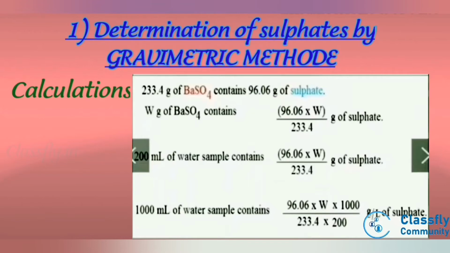So 233.4 gram of barium sulfate equals 96.06 gram of sulfate. So the 200 ml of water sample contains 96.06 into W divided by 233.4 gram of sulfate. So we get the weight of sulfate by using the gravimetric method.